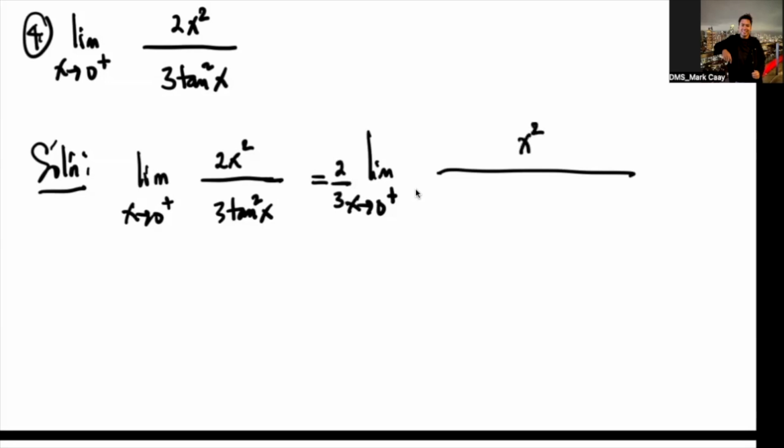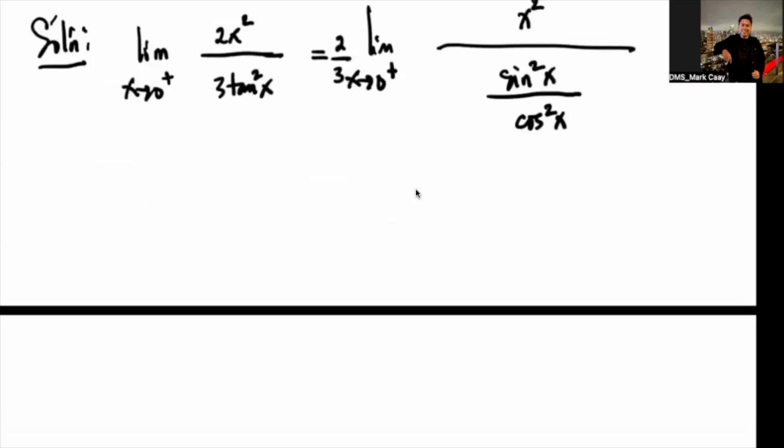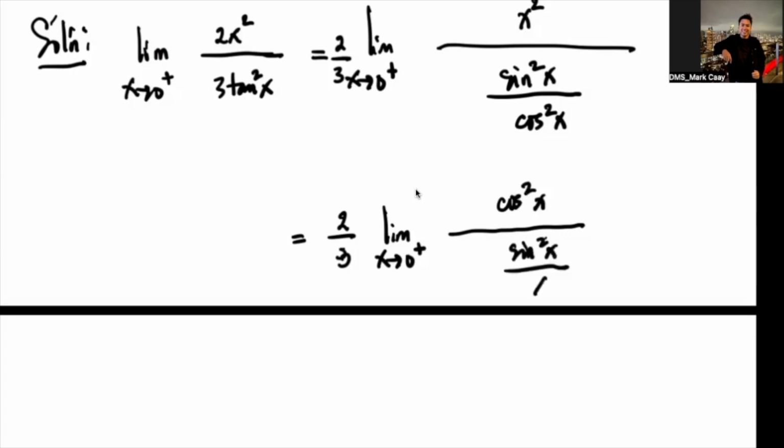In the denominator, the tangent squared x, I can write that as sine squared x all over cosine squared x. Right? And so, by this, I have 2/3 the limit as x approaches 0 from the right. I can write this in this way: cosine squared x over sine squared x over x squared.